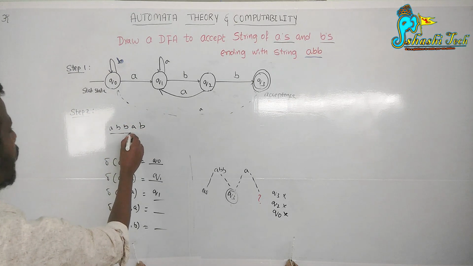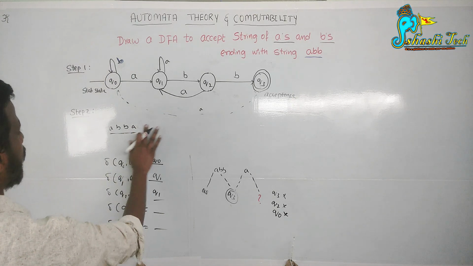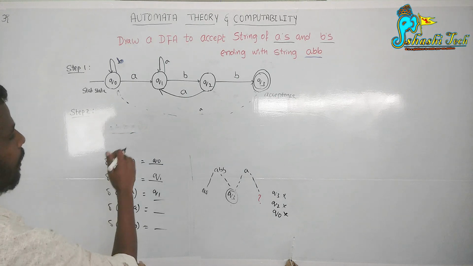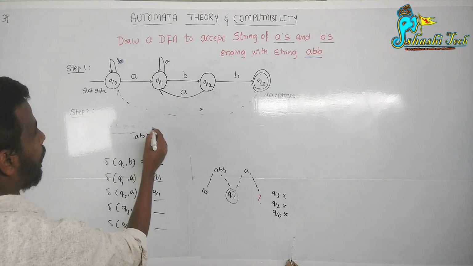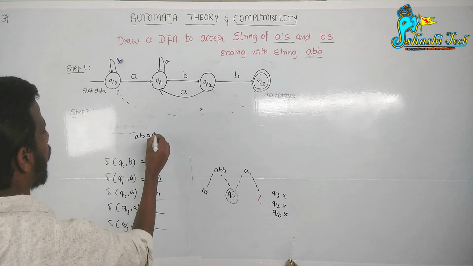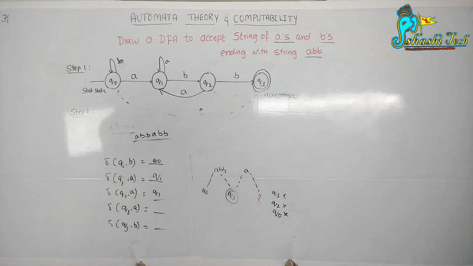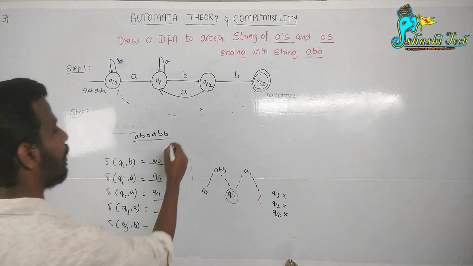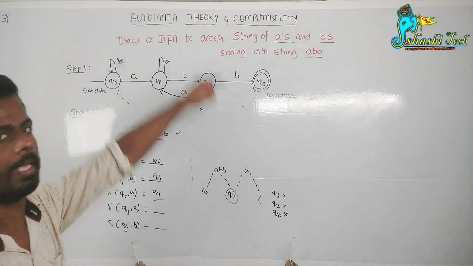Let us consider a string like this. What should be the string? A, B, B, A, B, B, A, B, B, A, B, B. Whether this should be accepted or not? Yes, it should be accepted because we have given A, B, B.